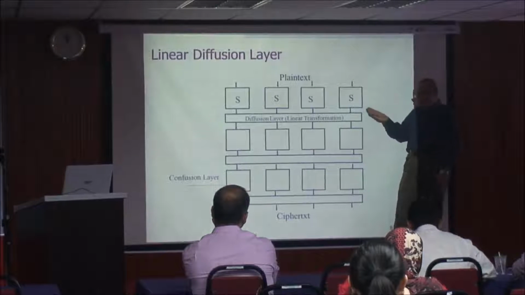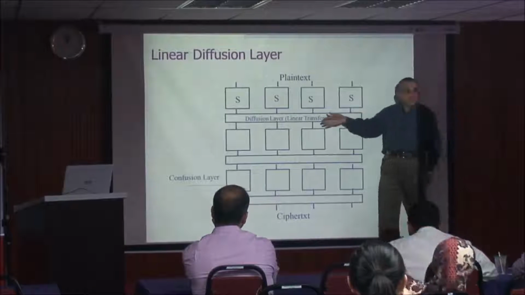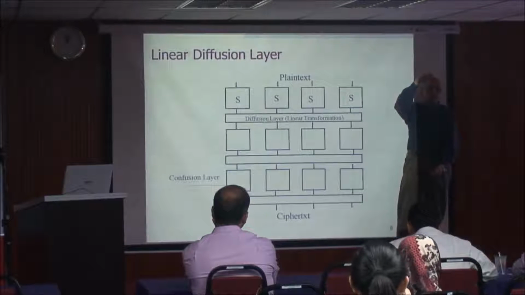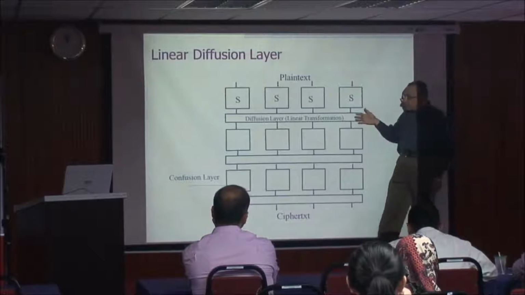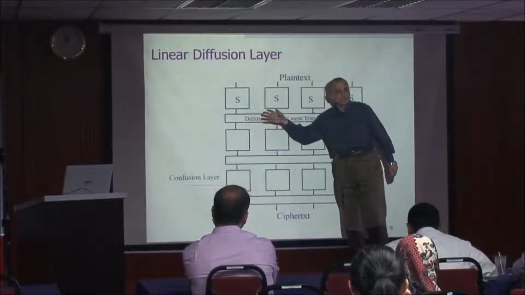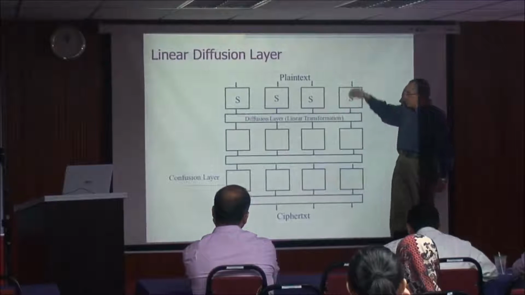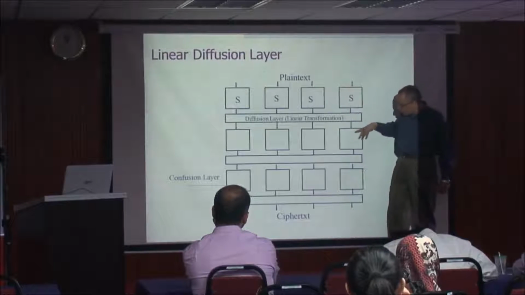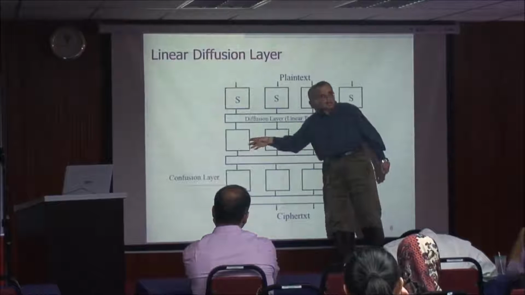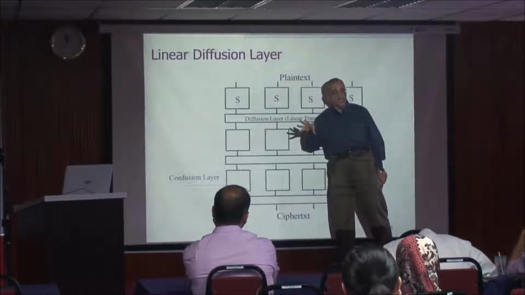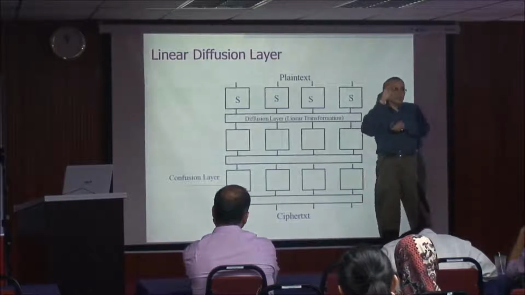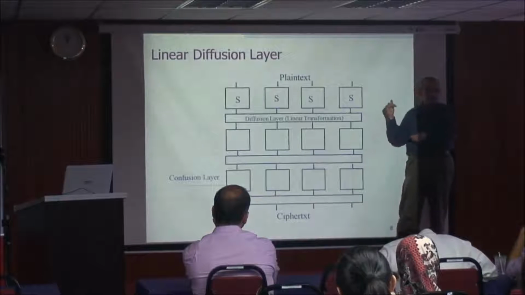If I was using just a straight permutation, I needed a larger number of rounds. But if I optimally design this layer so that I can diffuse any little change that happens here into a very large number of changes in the next rounds very quickly, then I can have a smaller number of rounds and achieve the same security level.